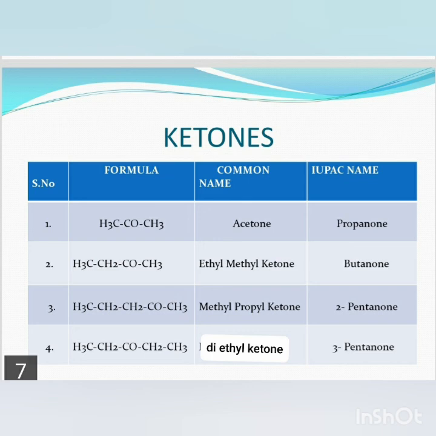And the third example is CH3 CH2 CH2 C double bond O CH3. In this we have 5 carbon atoms. So 5 means the word root is pent. And the C double bond O group is at the second carbon. So we have to give the least number for the carbonyl group. So 1, 2: at the second carbon we have the carbonyl group, and then 3, 4, 5.